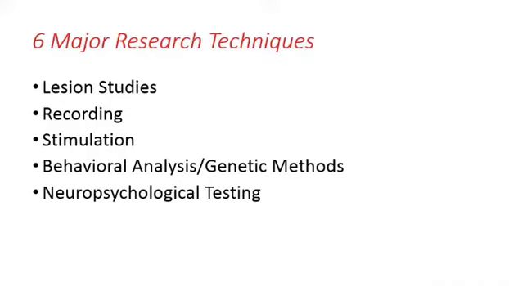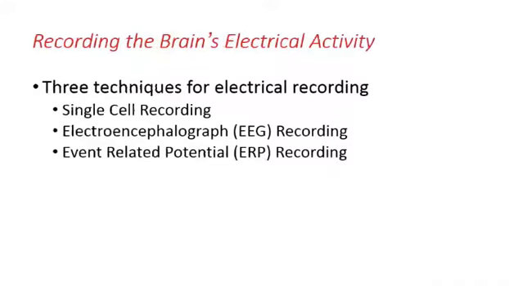So I won't really go into those too much, but I did want to talk about recording and stimulation techniques. I should have added imaging techniques too, so maybe there are 6. But behavioral analysis and genetic methods and neuropsychological testing. And we'll definitely not get to the last 2 today.